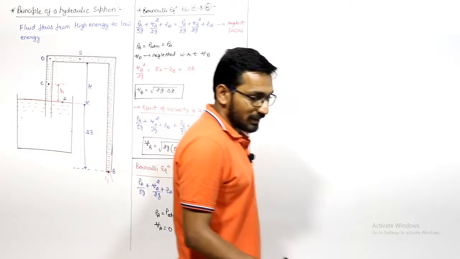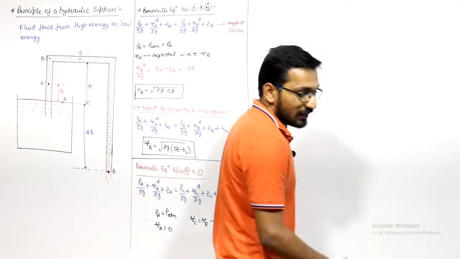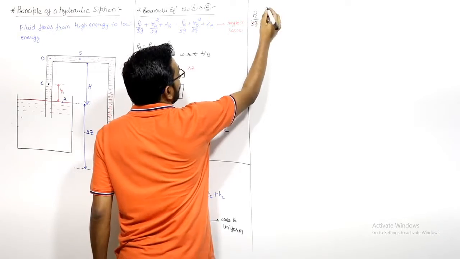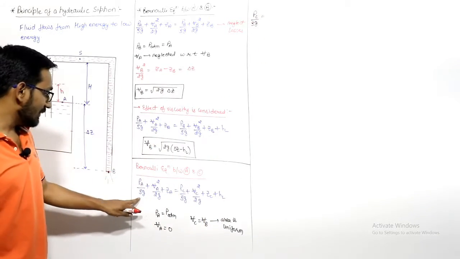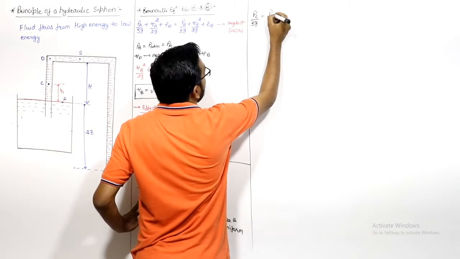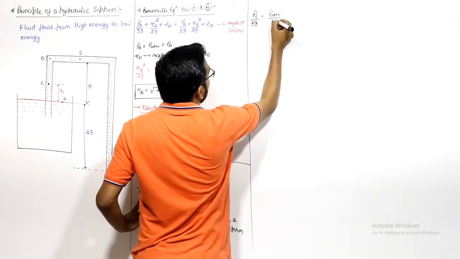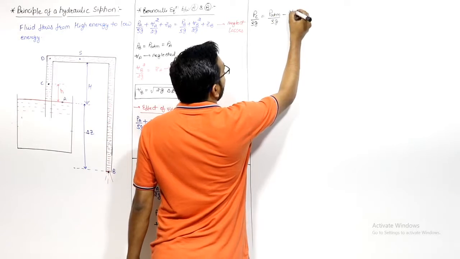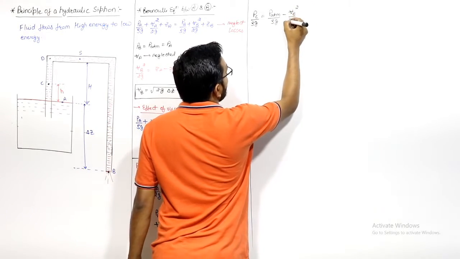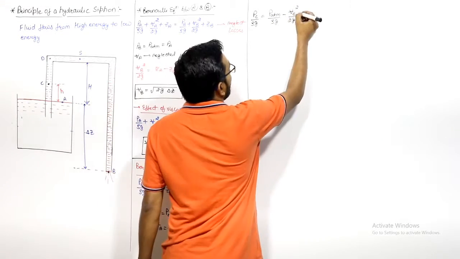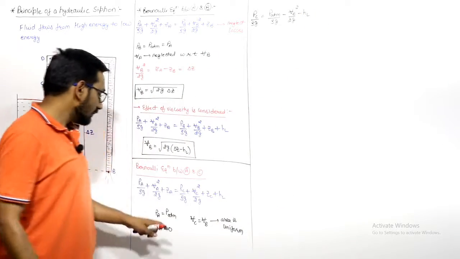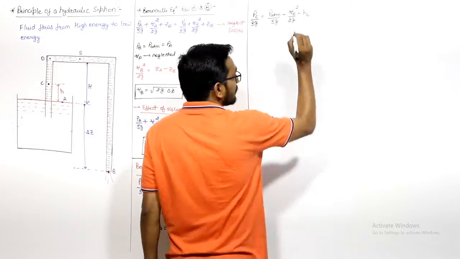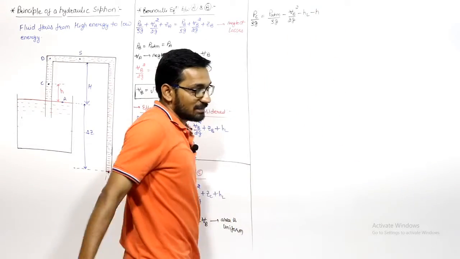So from here, if I put all these values, PC by rho g will be equal to PATM by rho g minus VC, which is VB, square by 2g, minus head loss, and ZA minus ZC will be h. This will be PC.